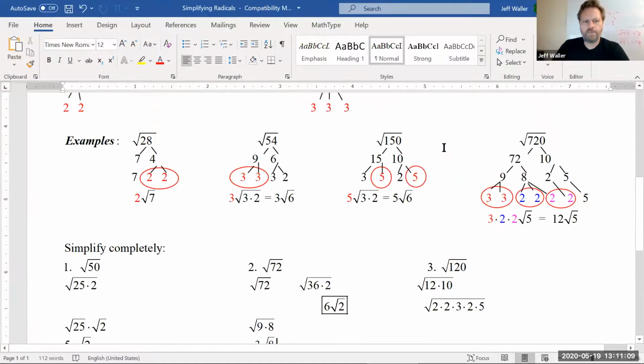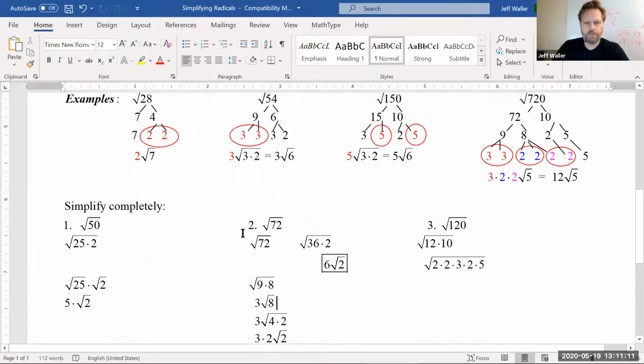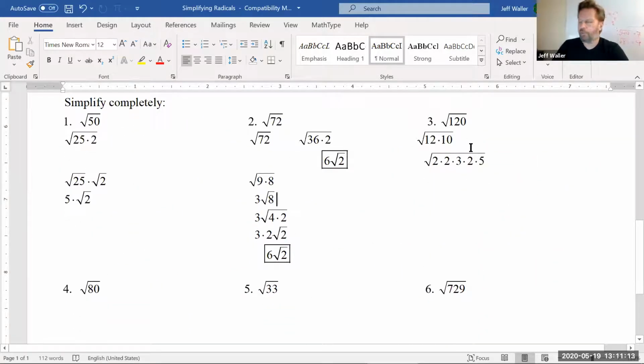So method 2. I'm just going to show you this one time, just in case somebody really loves it. Do you guys see how I broke everything down as far as it goes? 12 is 6 times 2, so it's 2 times 2 times 3, and 10 is 2 times 5. Do you see 2 of anything in there? Do you see 2 3s?